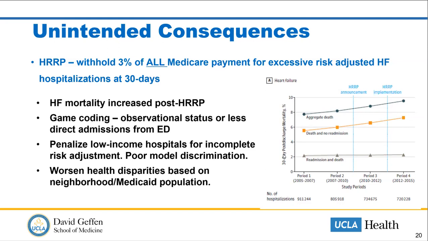But what actually happened was the observation that with this being implemented, heart failure mortality actually increased, and it's not clear why that might be, but it could be because patients now that come to the hospital with heart failure, if you admit them, you're worried, and they were recently in the hospital, you don't want to admit them, so you're more likely to give them one shot of Lasix in the ED and send them home, and then they go home and they have adverse events.